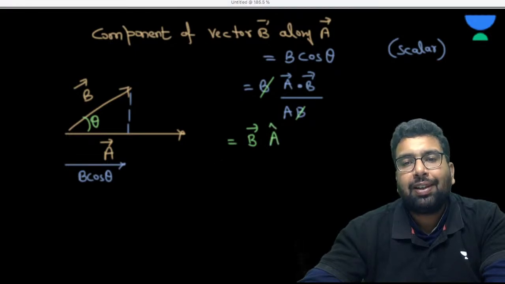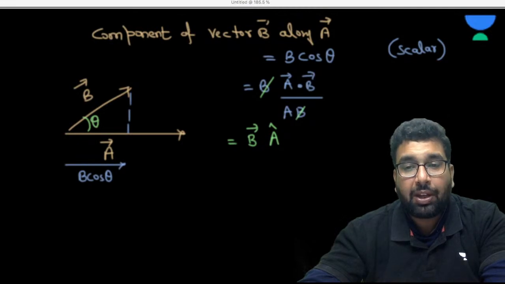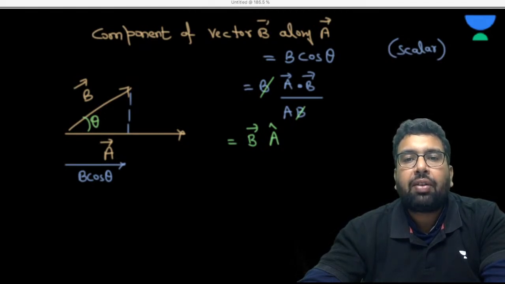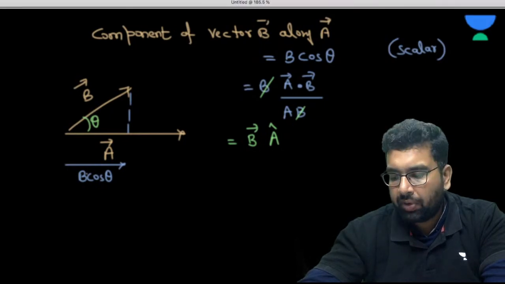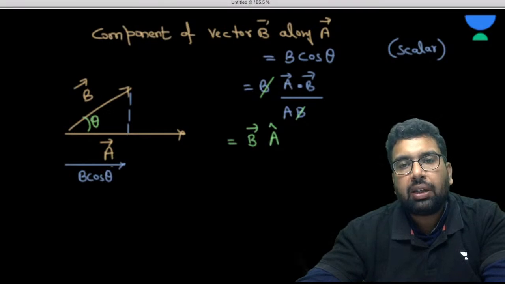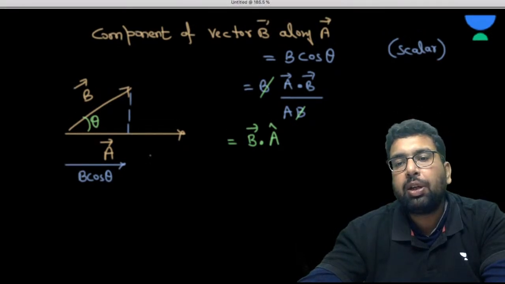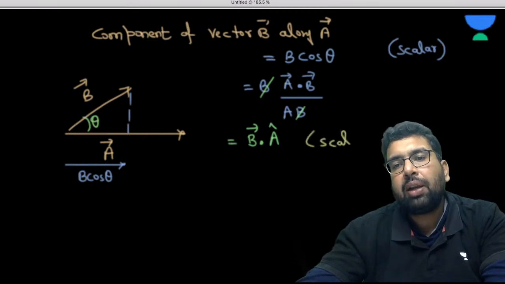So when you are writing the component of vector B along vector A, you can write right away vector B dot product with A cap, the unit vector. Remember, this is a scalar quantity. Do you agree or not? Please answer me.